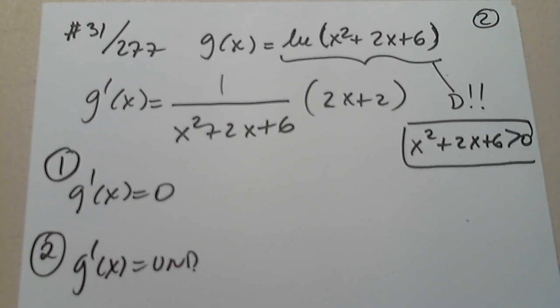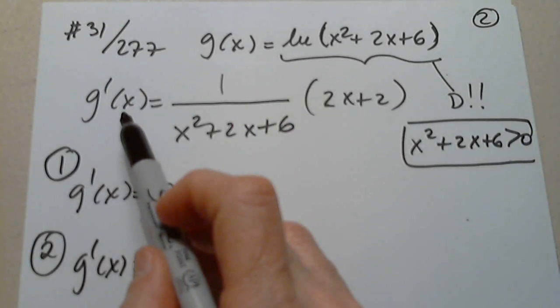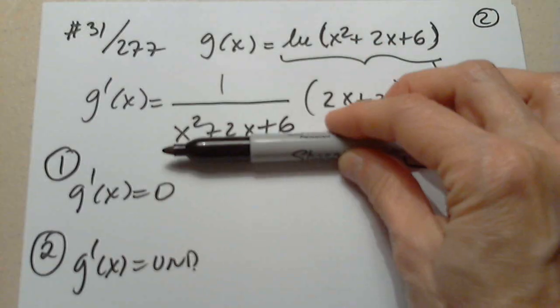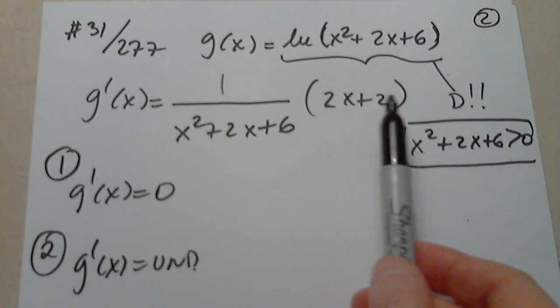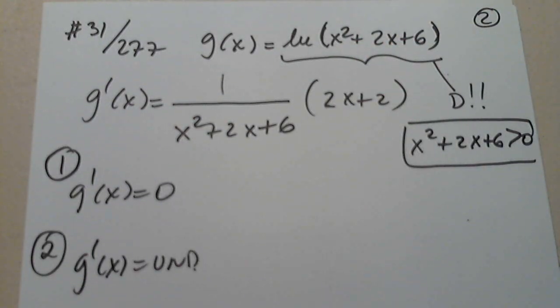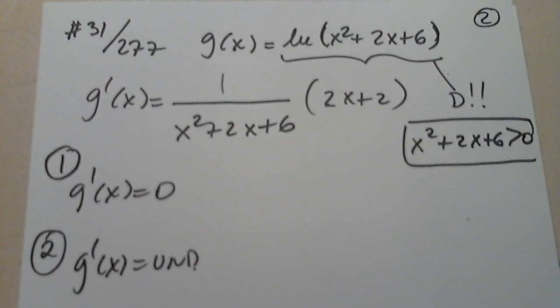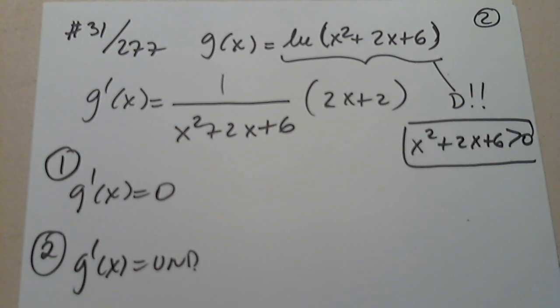Good. So, I have a fraction. When is a fraction 0? What is this fraction? It's 2x plus 2 over x squared plus 2x plus 6. When is a fraction 0? We established that months ago.